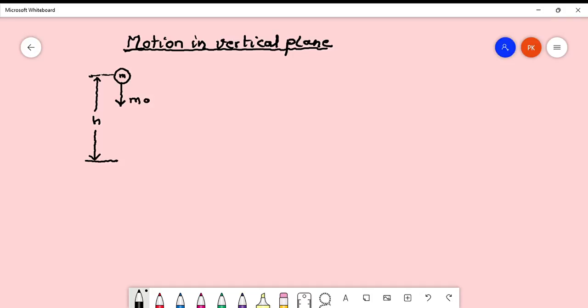Now, which are the forces which will act on this object as I have shown here? One is the gravitational pull or the weight of the object, m into g, where m is the mass of the object and g is the gravitational acceleration.